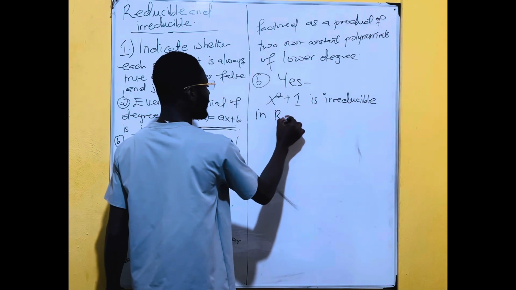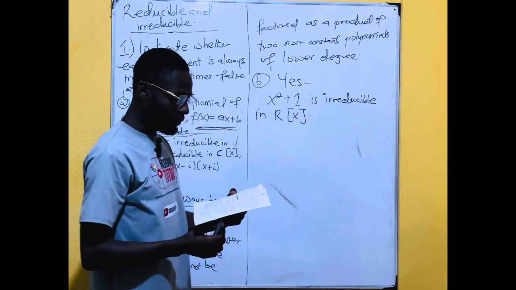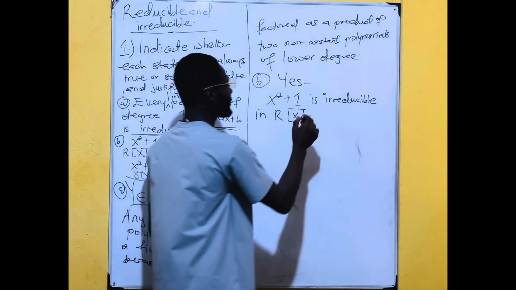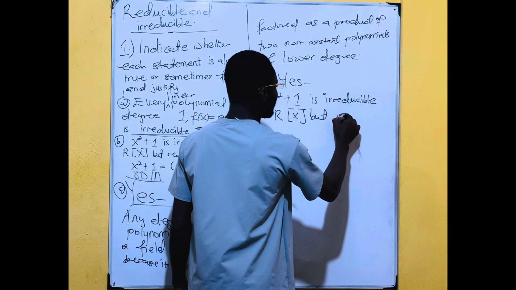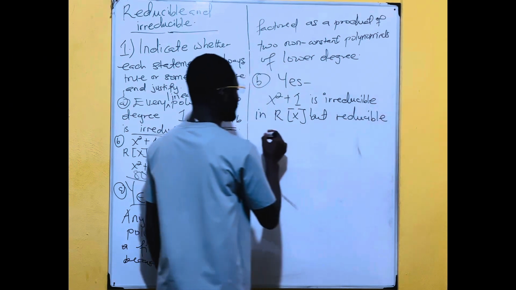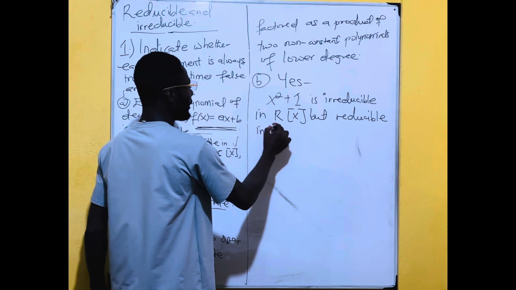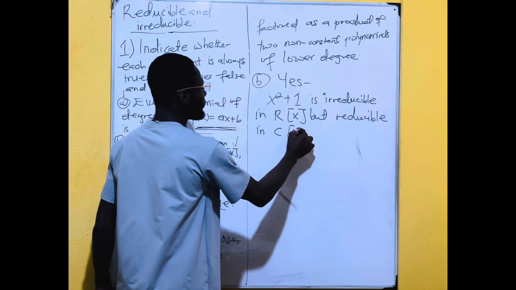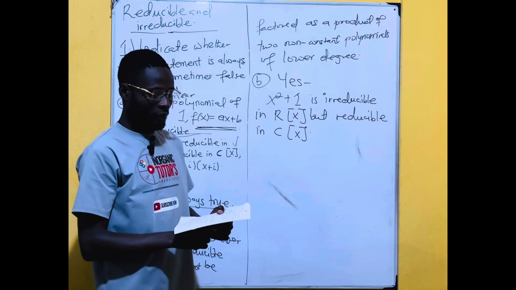in the reals under the polynomials, but reducible in the complex under the polynomials, right?